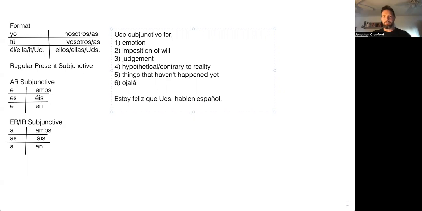All right. Now, imposition of will. What's a good example of imposition of will? In English, for example, if I say, I want that you study Spanish, or I want that Mary study Spanish. That would be like a subjunctive construction, but in Spanish, it's more common to say it that way.